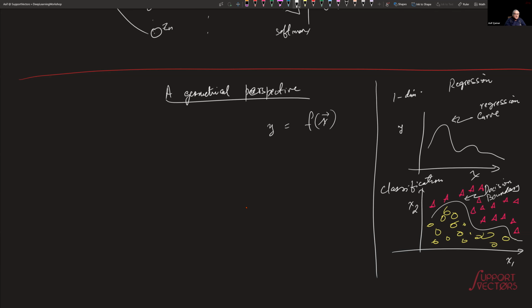Now, let us generalize it to higher dimensions. So in higher dimensions, what happens? Let me just give the intuition in 2 dimensions for regression.